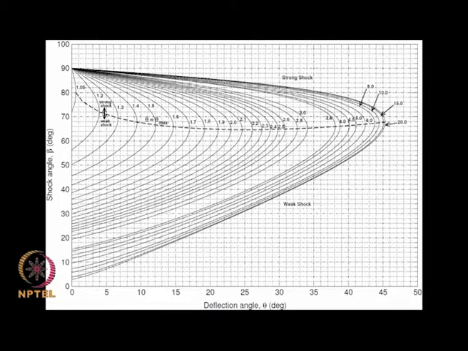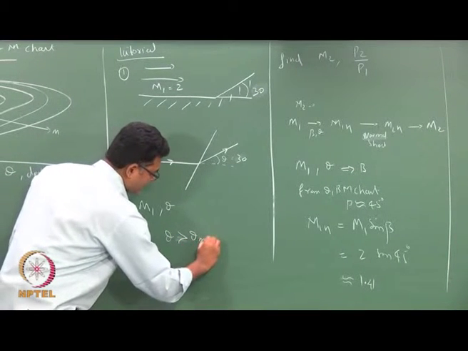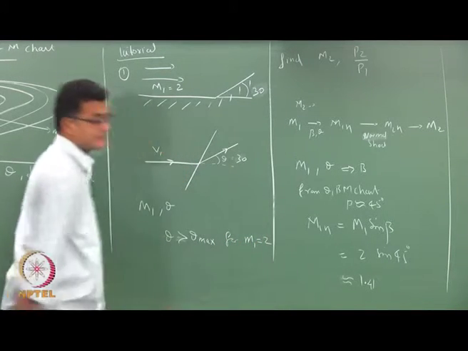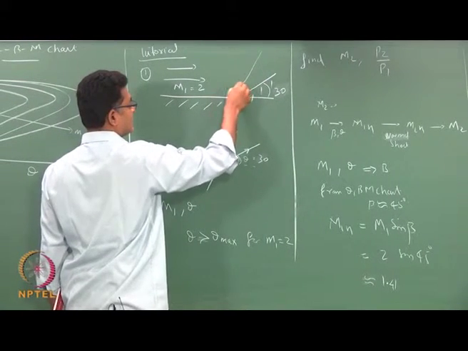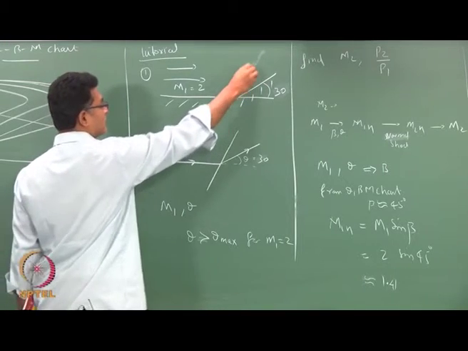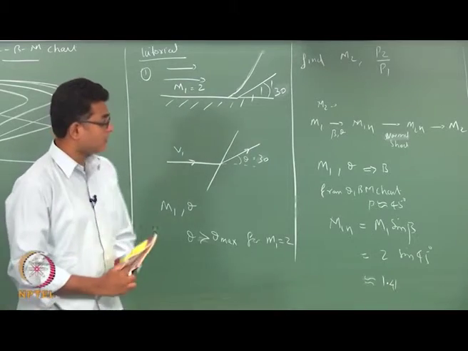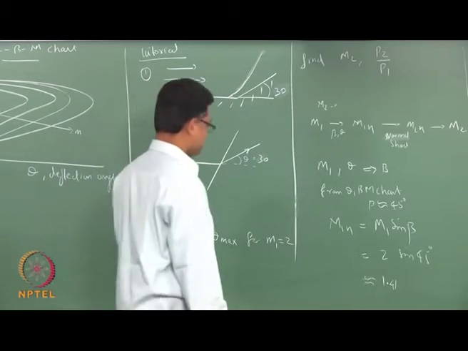I see that for 30 degrees there is no Mach number line that can intersect, which means this theta is greater than theta max for M1 equals 2. So, I would have a shock that is something like this, which we are not going to analyze in this course. Okay.